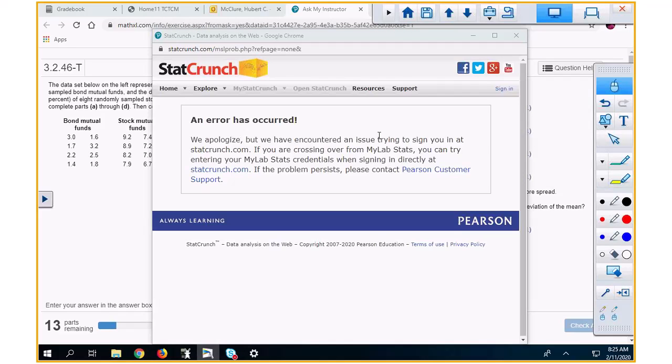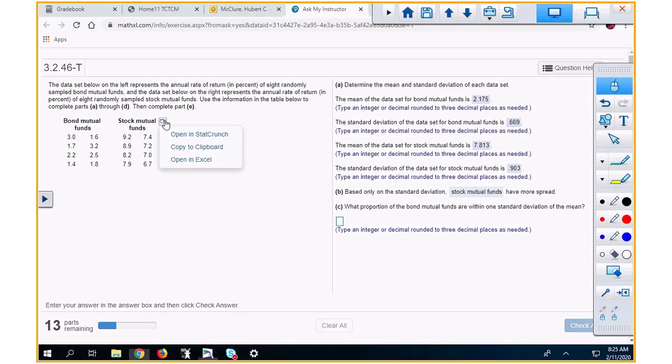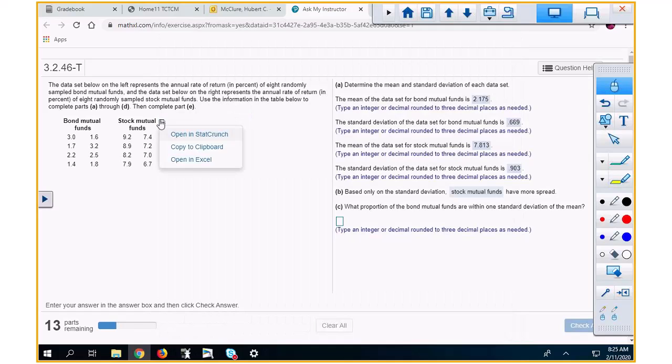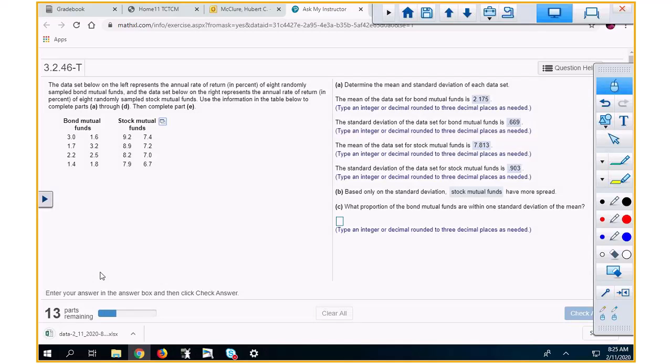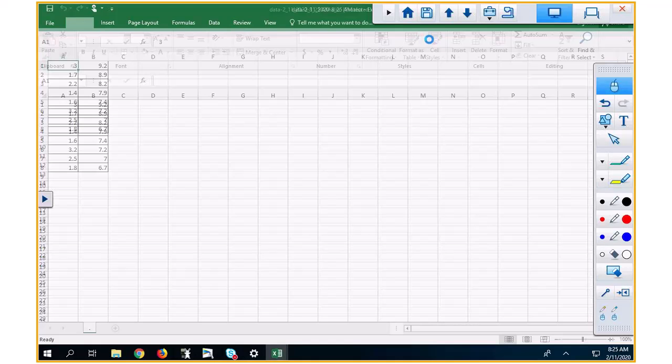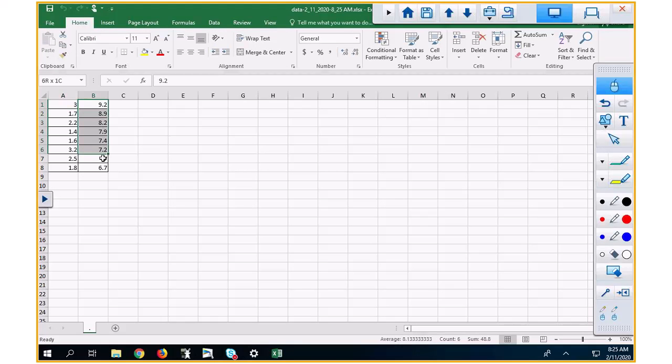So I'm going to try it one more time. And forget that. We're going to go to Excel. Always depend on Excel. All right, there we go. I'm going to make it bigger where you can write them down. And I'm also going to sort them if they're not sorted.